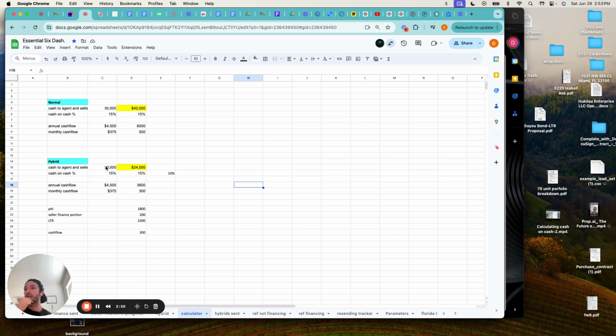So circling back though, if there's 70K still left of equity in this example, you're only giving them 300 a month. That's going to take a long time, obviously, to pay off. So a lot of the times, our best case scenario is there's no monthly payments and we're just giving them more cash at close.